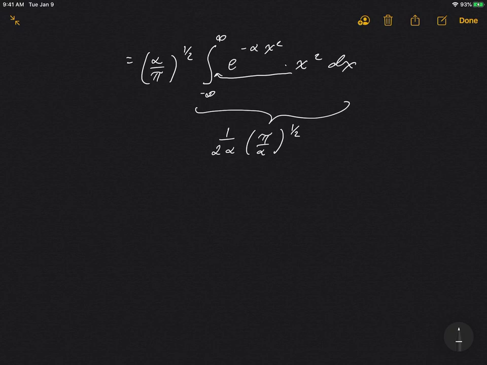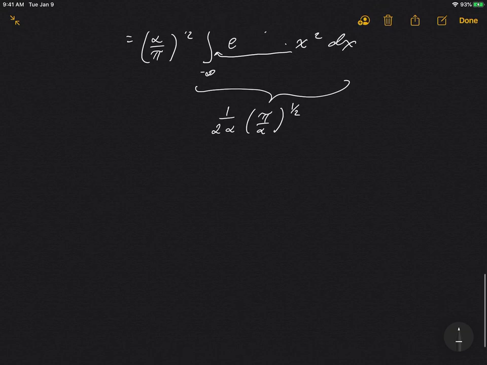Okay, and so some stuff cancels here because we've got this alpha over pi to the 1/2 out front, and so then we get that x squared is equal to 1 over 2 alpha. A very nice, neat result. So we expect, at least some fraction of the time when we're dealing with fairly simple functions, to have nice, neat results that shouldn't be 20 terms.